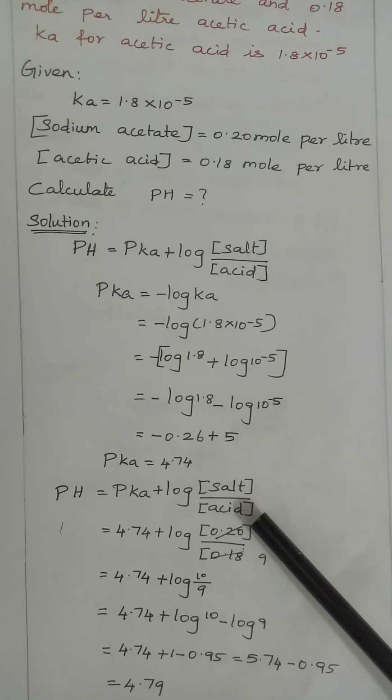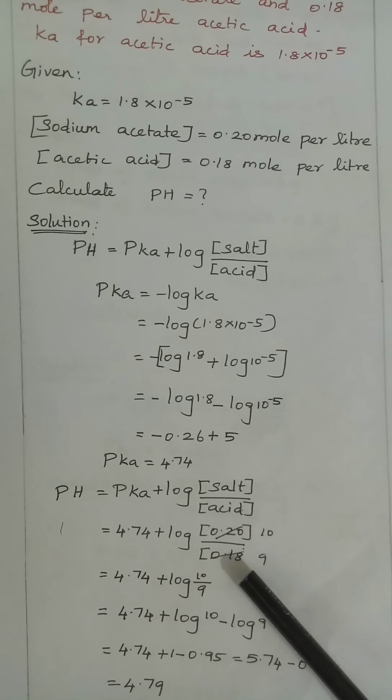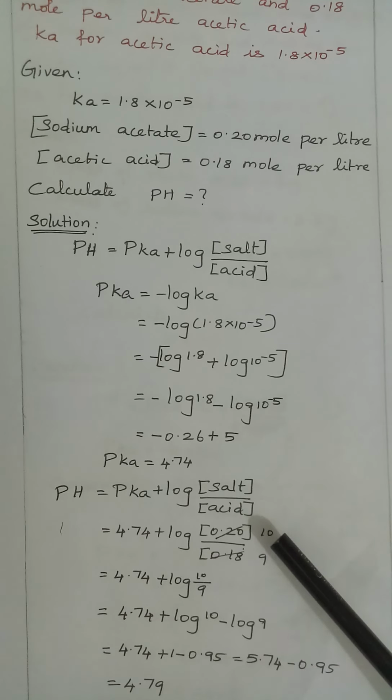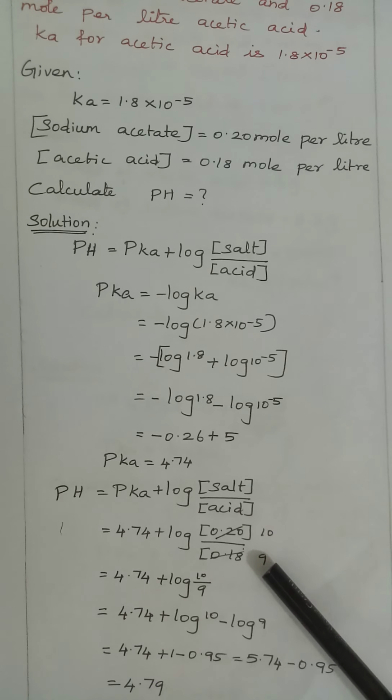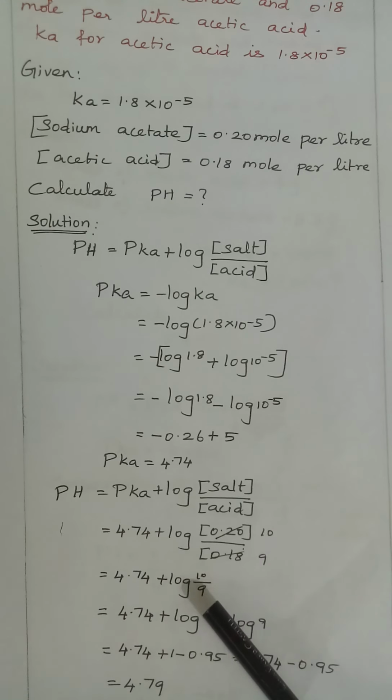Cancel: 10 twos are 20, 9 twos are 18, so log 10 by 9.